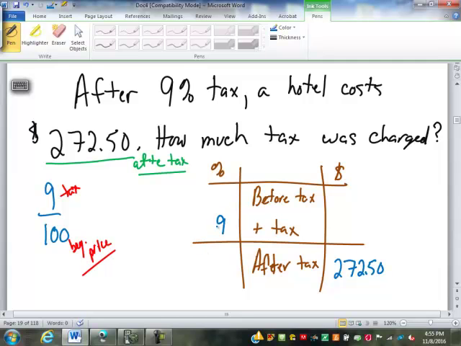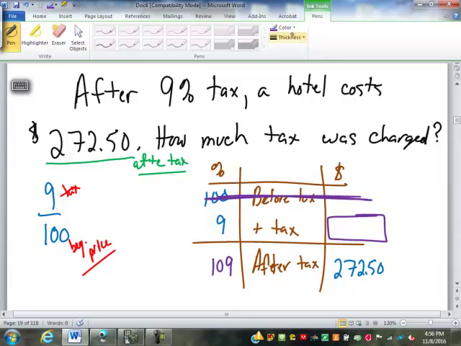What else do we have? $100 is the before tax. It's the whole amount before tax. So now we can go ahead and do 100 plus 9, because when we do tax, we add it on. This 109% is the after tax. So we're looking at how much tax was charged. We're looking for this number right here.